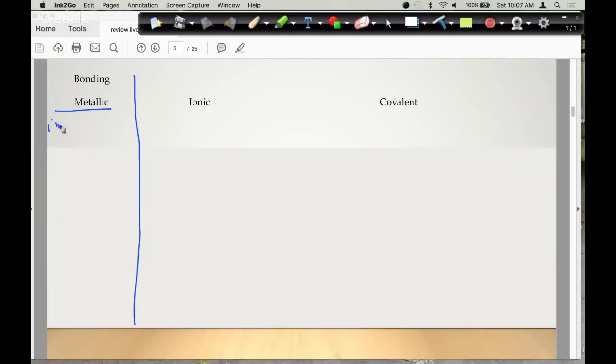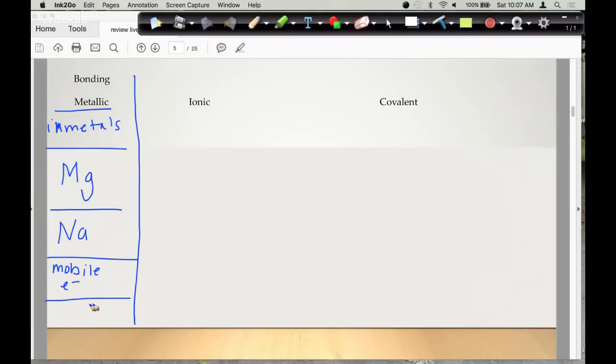is just in metals. When we talk about metallic bonding, we're talking about single metals. So something like magnesium has metallic bonding, or something like sodium has metallic bonding. Metallic bonding is the one that has the mobile electrons.